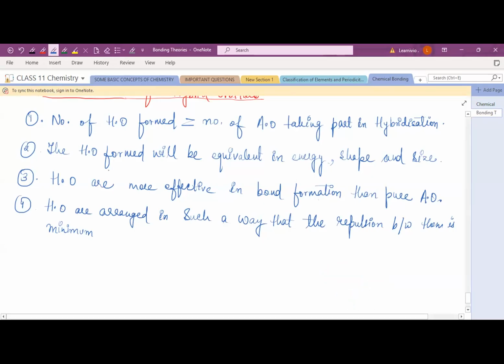So hybrid orbitals are arranged in such a way that the repulsion between them is minimum and distance is maximum. So that's why a hybrid orbital has one enlarged lobe.